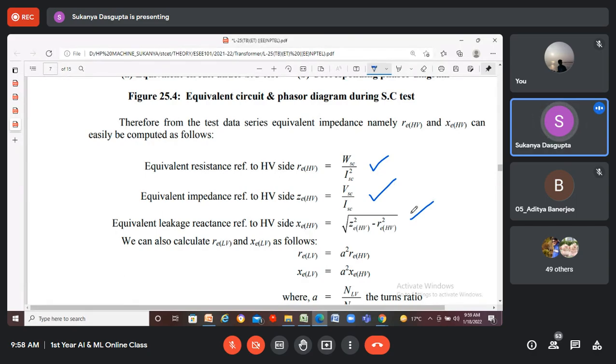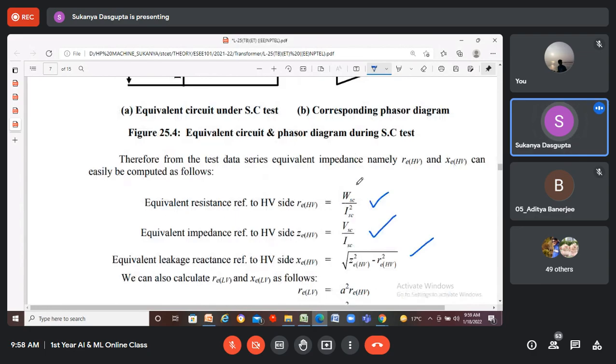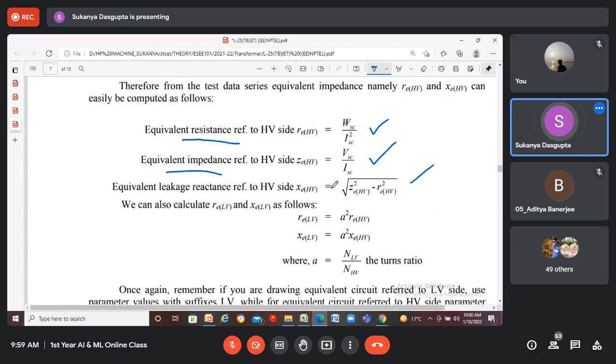These three parameters can be calculated. And WSC is just the wattmeter reading, that is the copper loss, right? If you divide this loss, the wattage, by the square of current, you will get the equivalent resistance. The equivalent impedance can be calculated as simply V by I, and you know impedance squared equals resistance squared plus reactance squared.